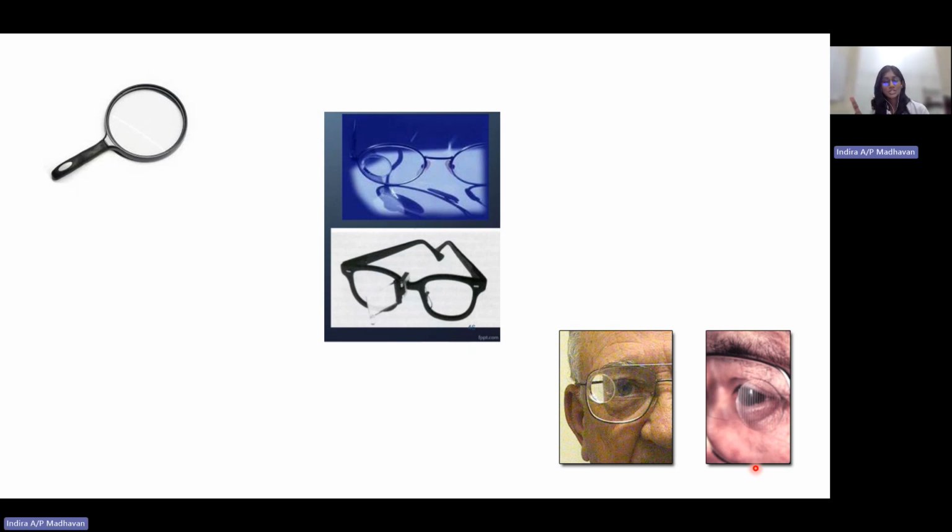But when it comes to patients who have peripheral visual field defect or central visual field defect, there are a lot of concerns that we need to consider before we suggest to them.